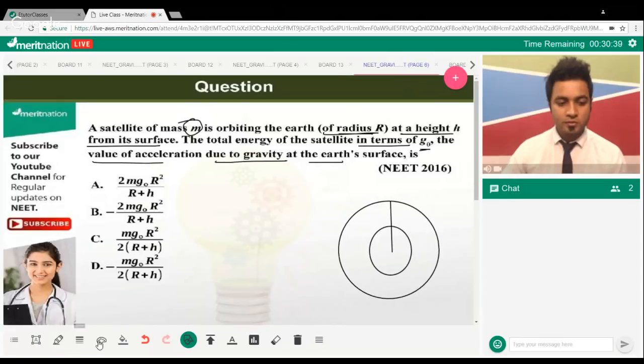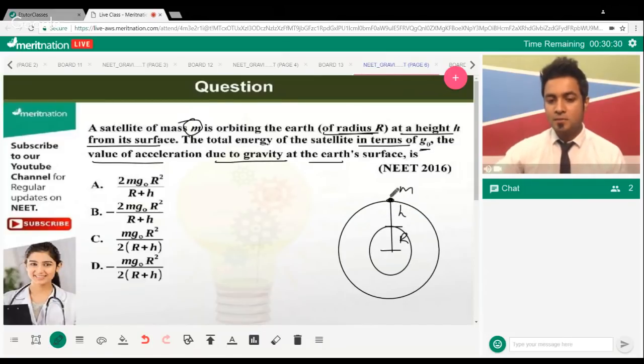So I'm just going to make this distance r, and this one is h, okay. So here we have a satellite having a mass m, and it is revolving around the earth, okay. So here the value of gravity is g naught, and we need to express the total energy of the satellite in terms of the gravity at the surface of the earth, okay.